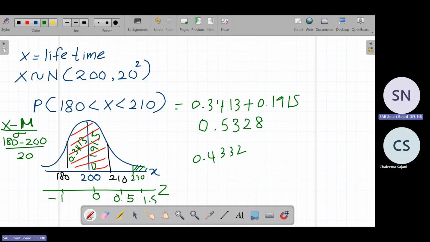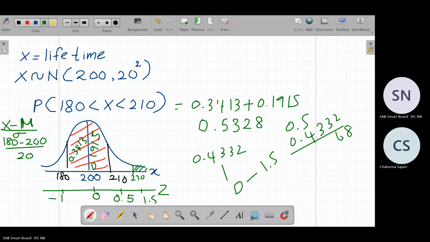This one is 0 to 1.5. But we need to get greater than 1.5. How do we get it? 0.5 minus 0.4332. It's clear now. Okay.